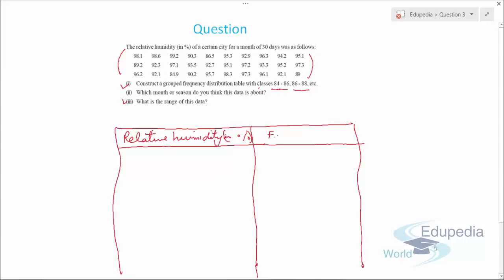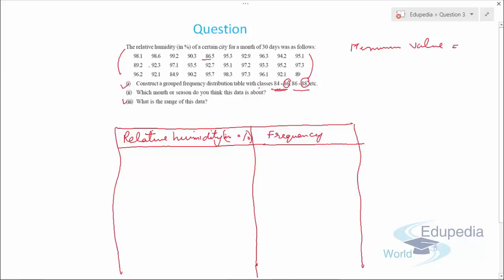And over here we write frequency, right? Now we need to have class sizes 84 to 86 and 86 to 88, and you need to remember that the upper limit is not included. You have to be very careful, right? So let's draw the classes, and before that we need to search the maximum value and the minimum value. The minimum value is, we can see properly, we need to search, right? So 98, these are all 86.5 we can consider.